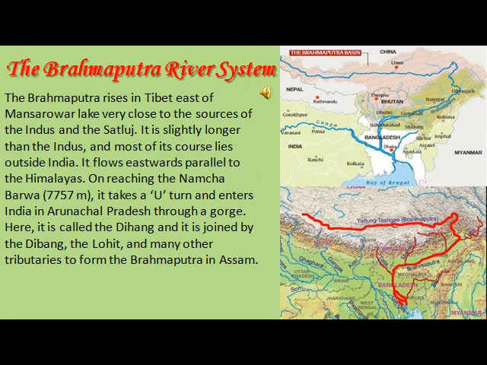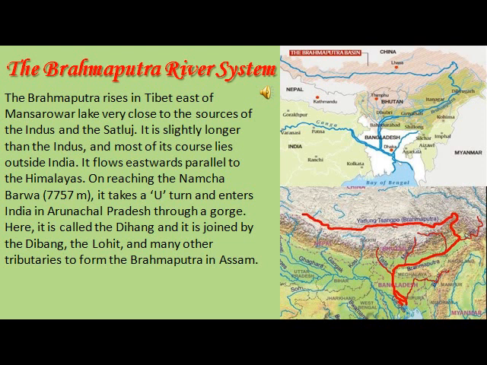Brahmaputra river system. The Brahmaputra rises in Tibet east of Mansarovar lake, very close to the source of the Indus and the Satluj. It is slightly longer than the Indus and most of its course lies outside India. It flows eastward parallel to the Himalayas.